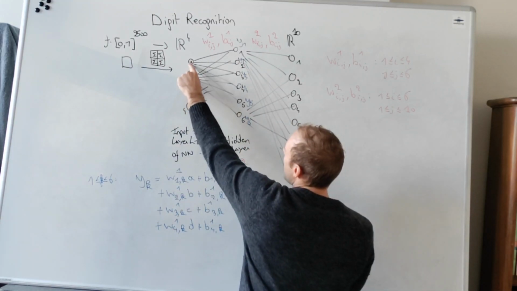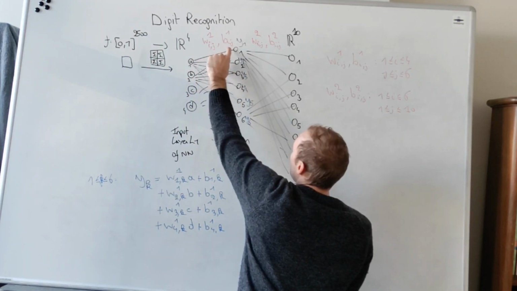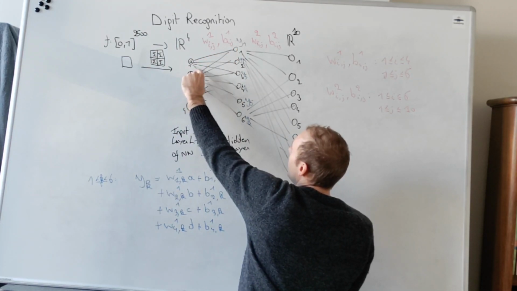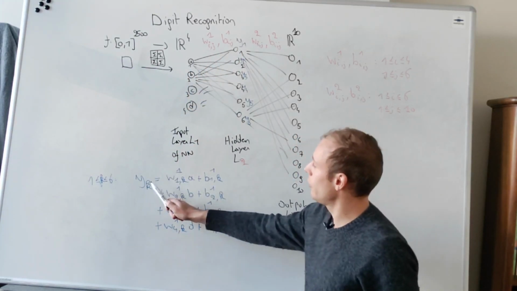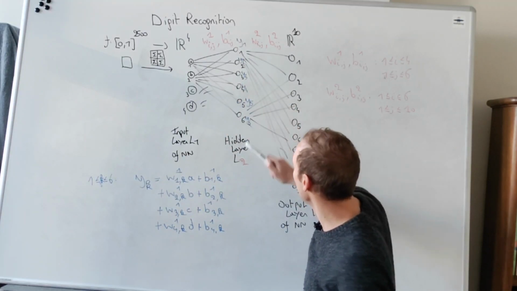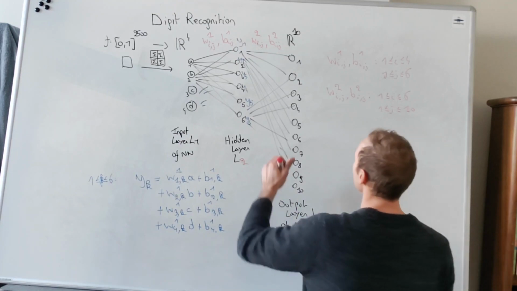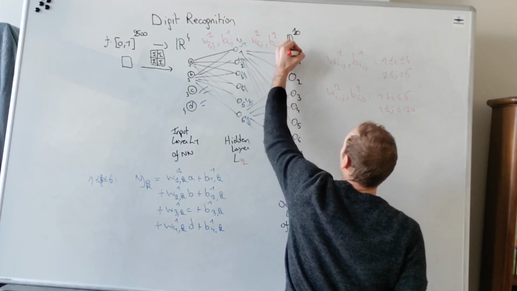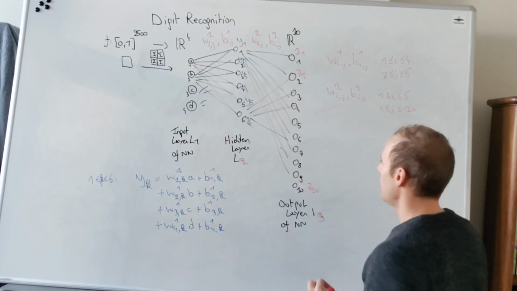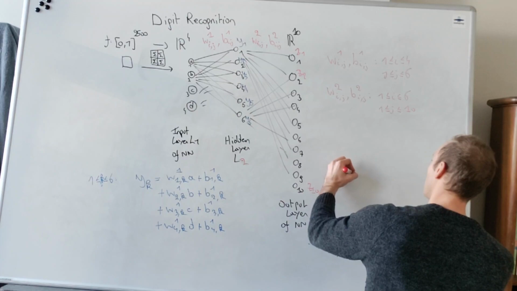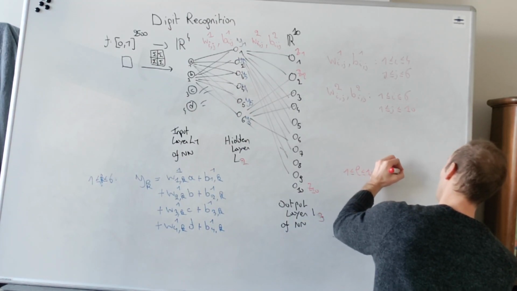Because here you multiply a with the w value plus the b value to end up here, plus b multiplied with the w value plus b, and so on. So you do this for all these 6 nodes here. And then if you denote the end values z1, z2, all the way to z10, then for L between 1 and 10, what is the end value zL?